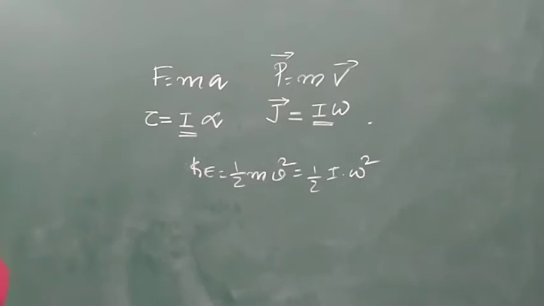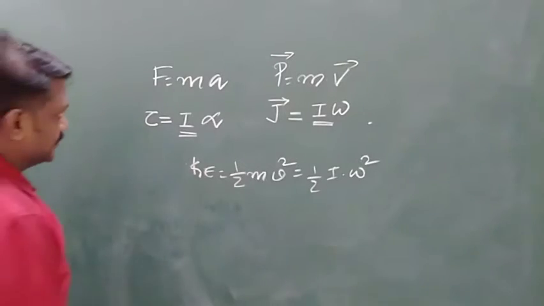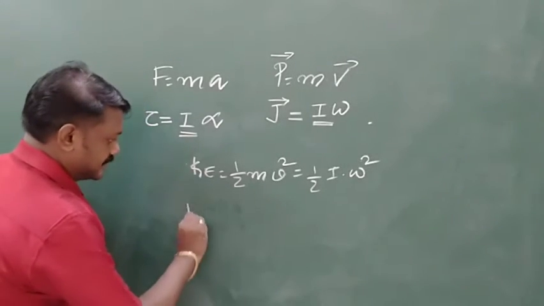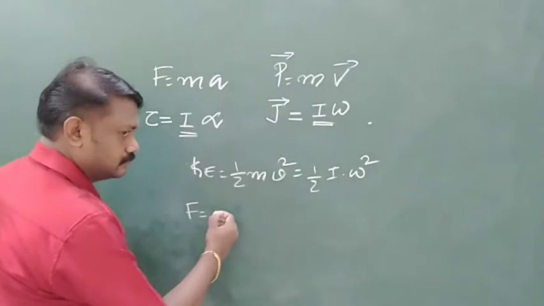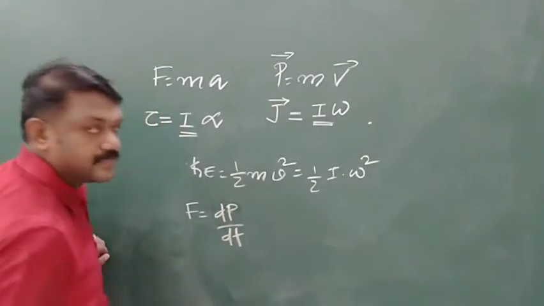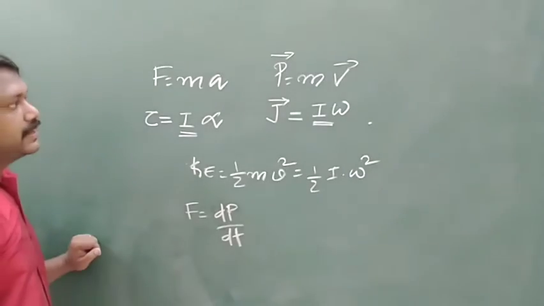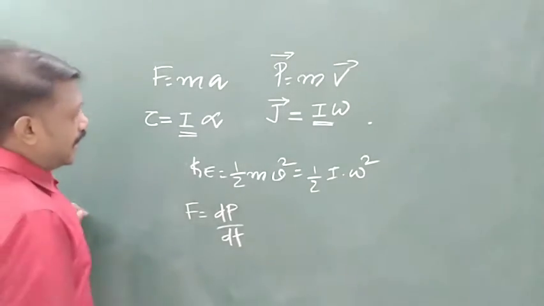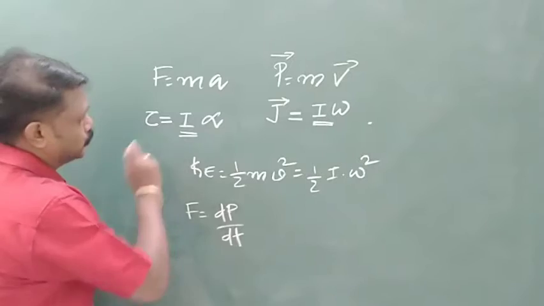Then we have another relation. F is equal to dp by dt. And F you can replace by tau.